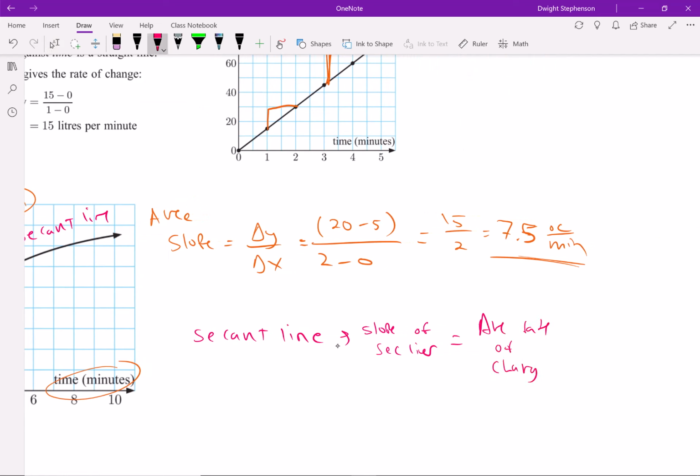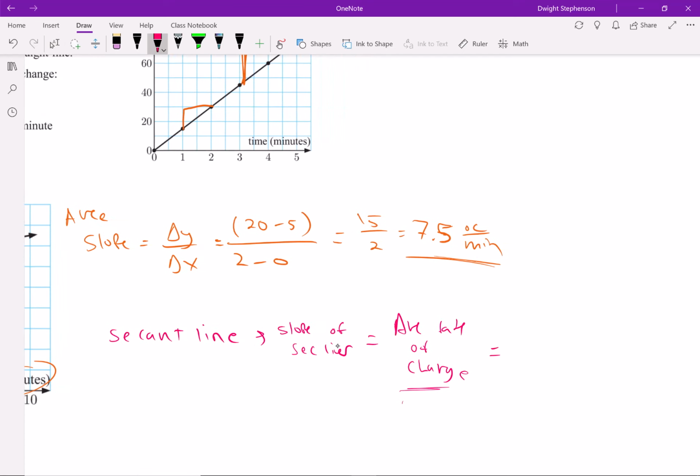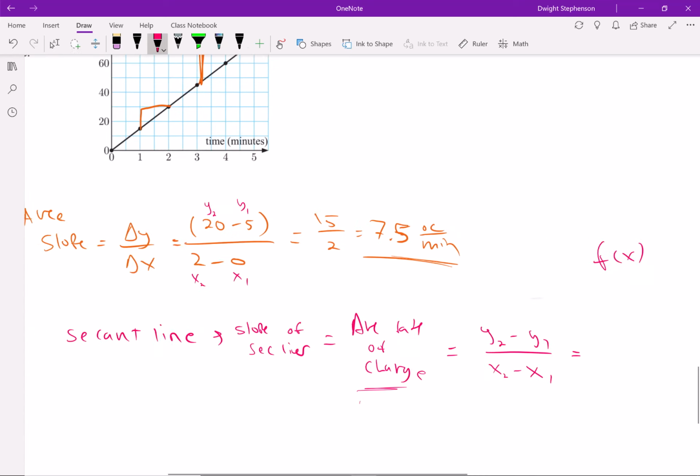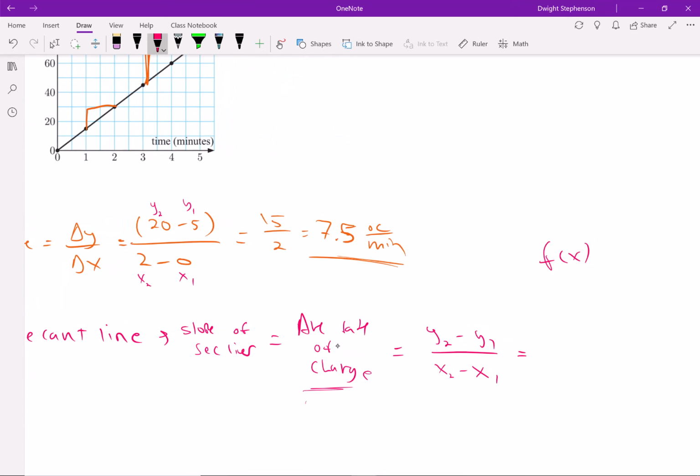And so I want you to think about how I found the average rate of change. Well, I took the y coordinate minus the y coordinate and the x coordinate minus the x coordinate, right? So I did y2 minus y1 over x2 minus x1, which is just the slope of a line. Another way of writing this is if we had a function, if we called this function f of x, then it would be f of x2 minus f of x1 over x2 minus x1.